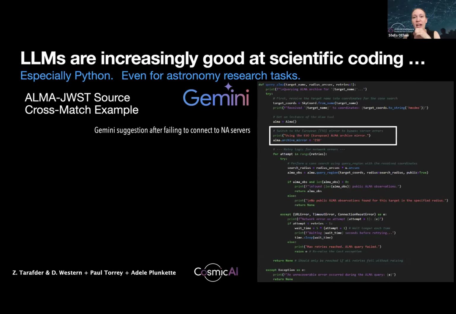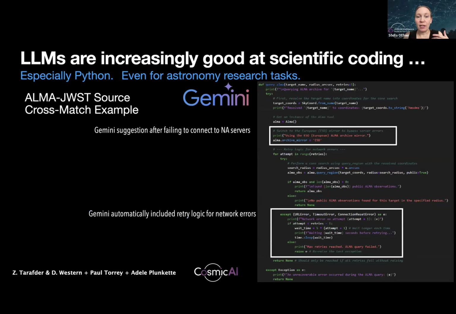And so this is the code that Gemini wrote. And it's very good at adapting to problems if you iterate with it. So it put in some code for what happens if you fail to connect to a certain set of servers. It also put in retry logic for network errors. And so this is surprisingly sophisticated, how well it does.